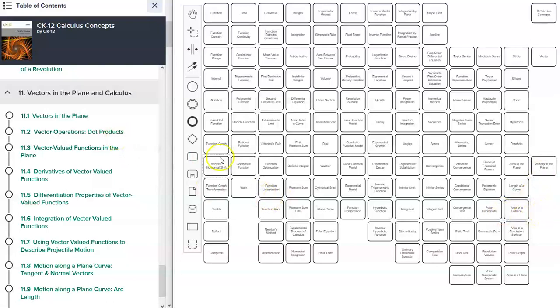Vector operations, dot products, dot product. Vector operation. Vector valued function. There's another type of function. In this case, it's in the plane. The derivatives of the vector valued function. The differentiation of the vector valued function.